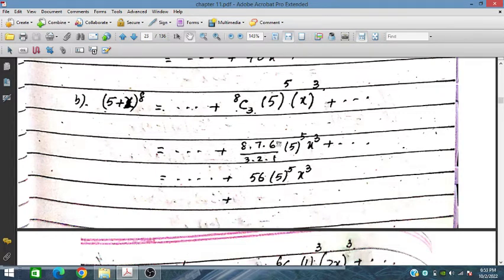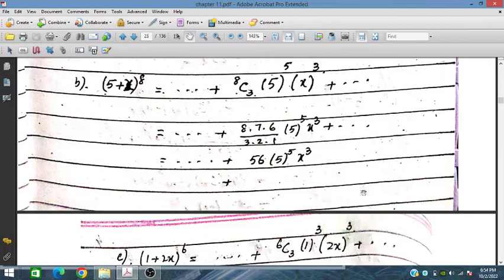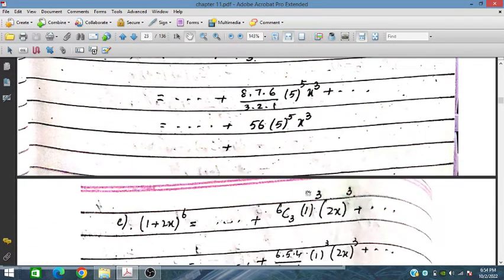The n minus r factorial is cancelled by this n minus r factorial, leaving n and r. So 8C3 can be written like this. So this is x power 3, and on simplification we obtain this. And similarly for this one, we have to obtain the value with x power 3 for every one.